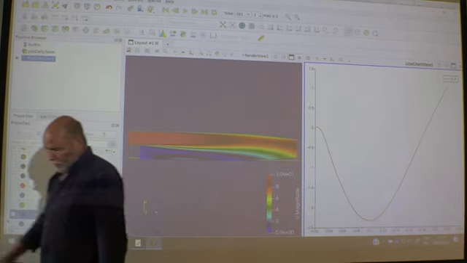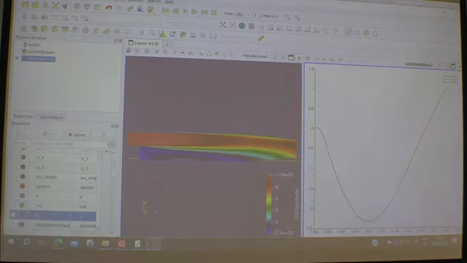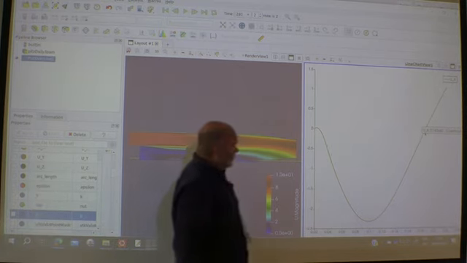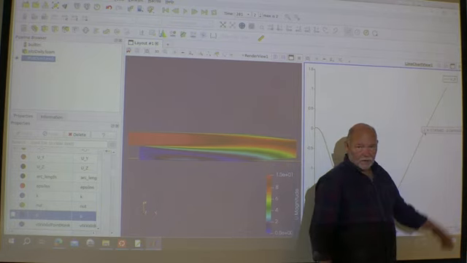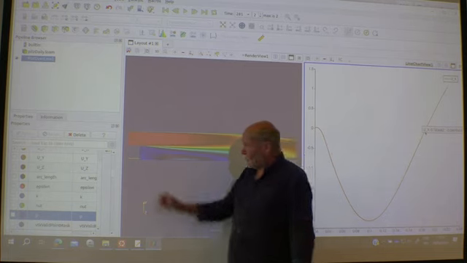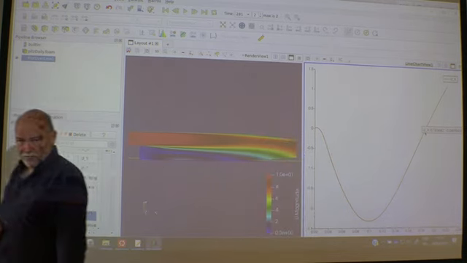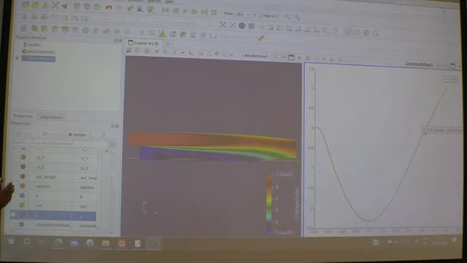So you just hover the mouse here. Don't have to click on it, you just hover the mouse, and there you have the location. Okay, so roughly there, I have an x position of 0.18 meters. I think the step height here was 1 inch. So then you can calculate what's the reattachment length. So that's an easy way to do it.